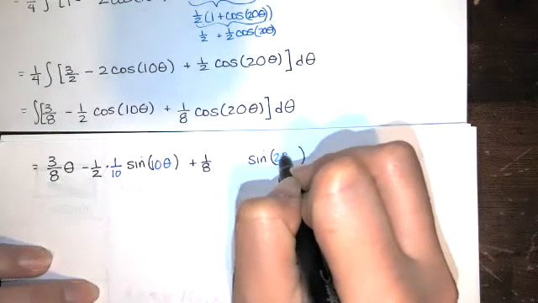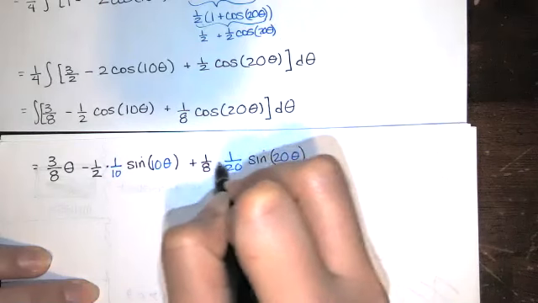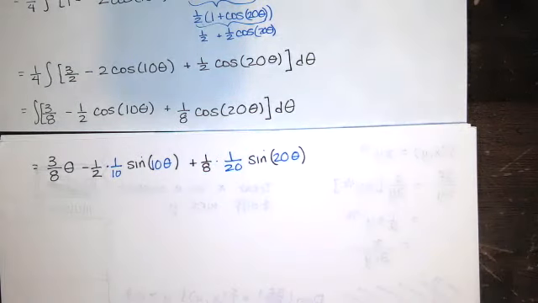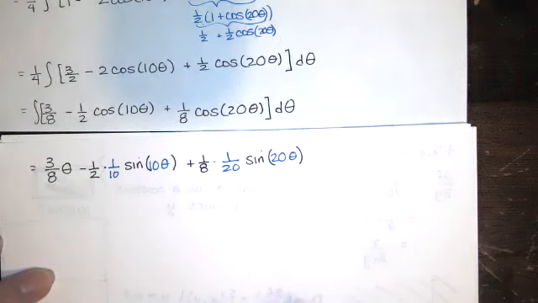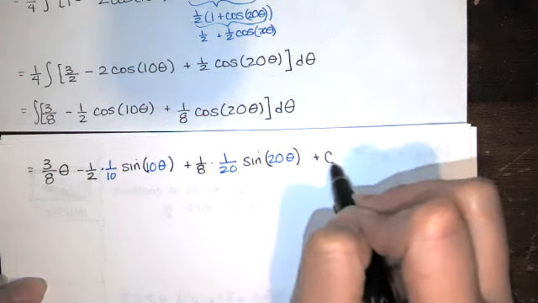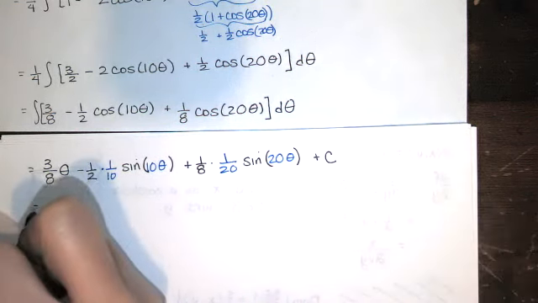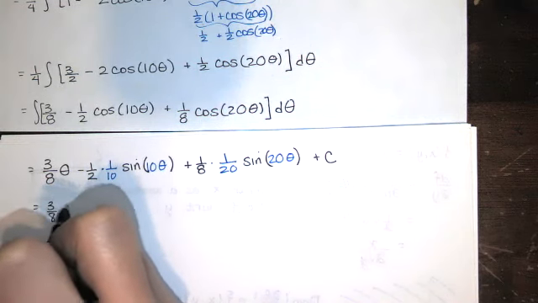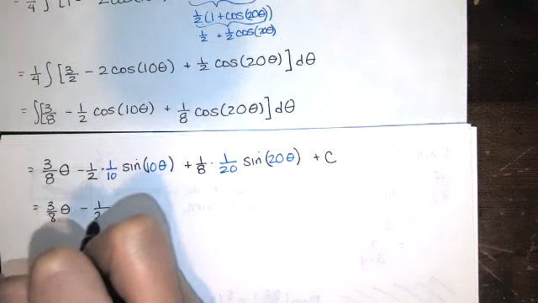Since you've got a constant multiplying that variable, we need to divide by that constant. It's just like undoing that chain rule. We'd multiply by 10 when we differentiate, multiply by 20 when we differentiate. So to undo that, to anti-differentiate, we'll divide by 10 or divide by 20. And we get that. And of course, we want to simplify where we can.